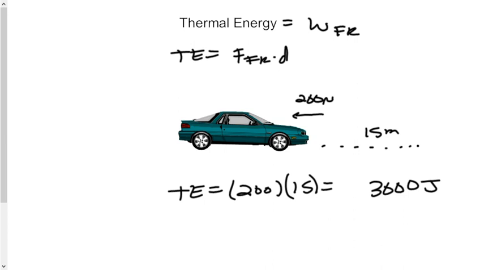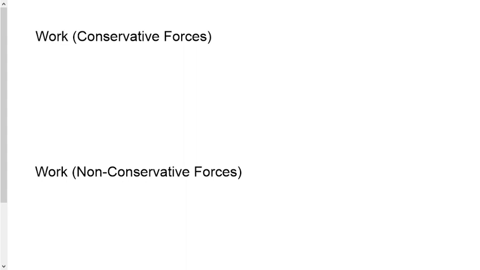How do we handle that in terms of our work kinetic energy theorem? Well, let's take a look. First of all, we have work done by conservative forces. So the general concept is work is going to go into kinetic energy. But what about these kinds of work?